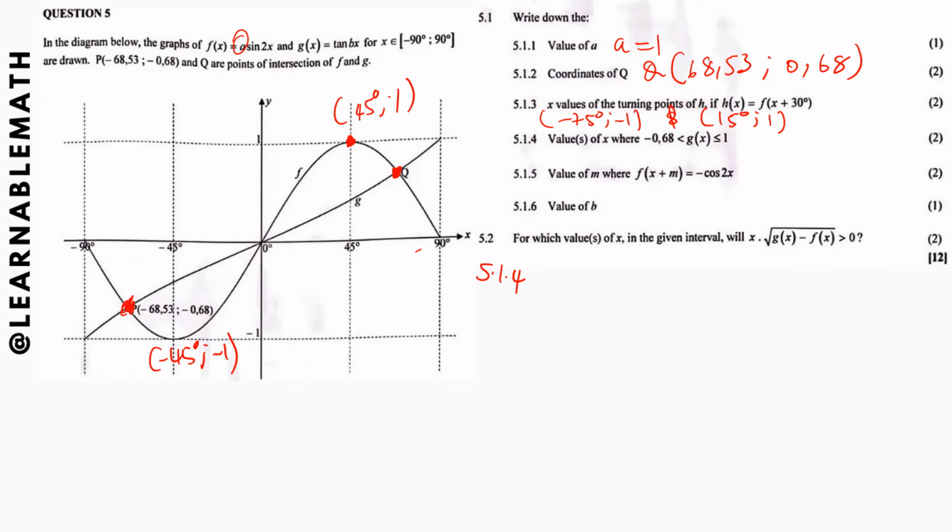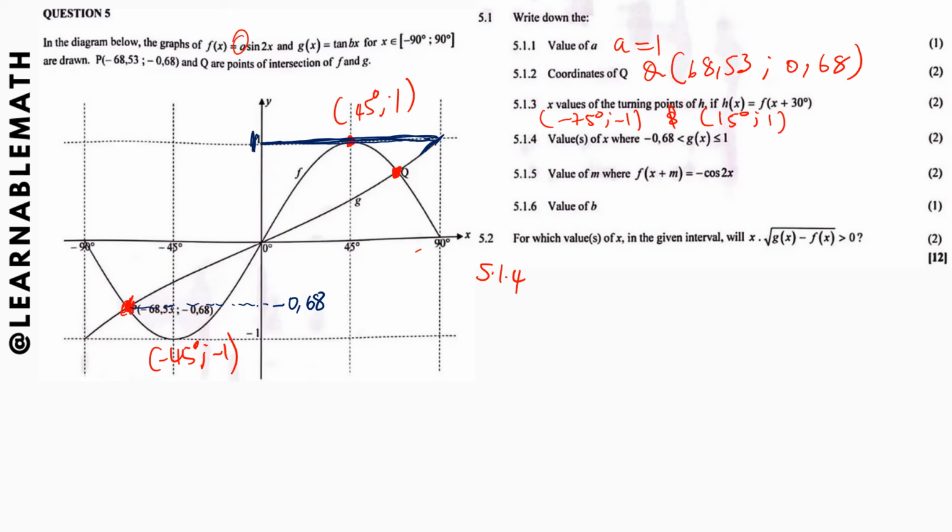Between negative 0.68, so you'd understand that this side will be negative 0.68, and 1, where g is between that. So between 1 it's there on top, right? Because I'm looking for g. So this is 1. Okay, so they are saying what are the values of x.